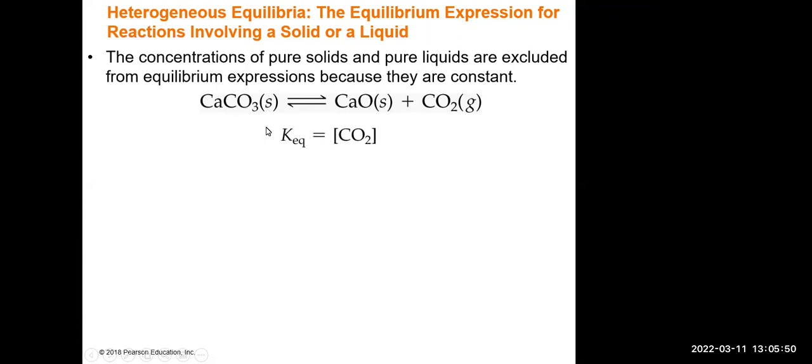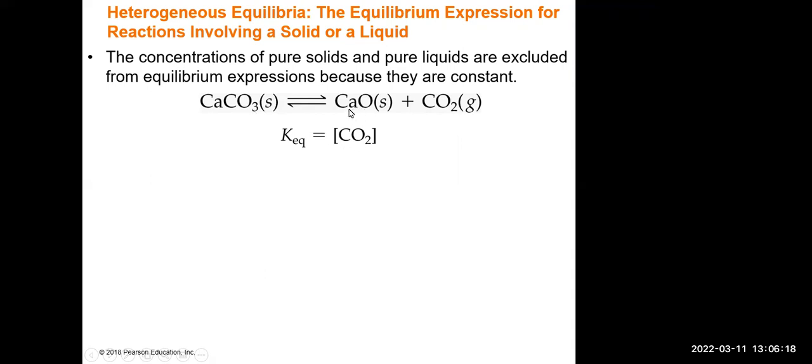So here is one example of heterogeneous equilibrium. We have CO2 in gas, CaO in solid, and CaCO3 in solid. We follow our usual procedure: I write the CaO(s) multiplied by CO2 gas on the top, and then CaCO3 at the bottom. Because they are solids, you don't need to put them in your equation.